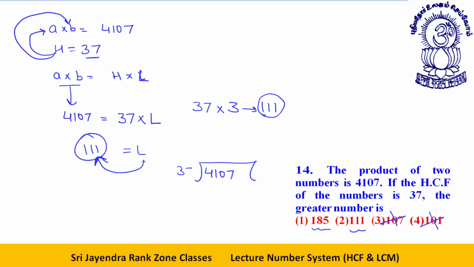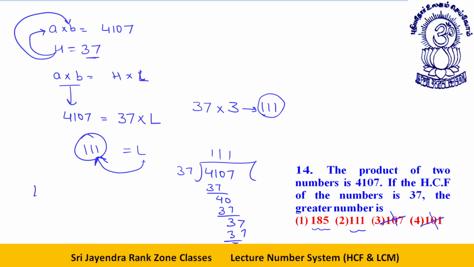4107 divided by 37. 37 into 1 is 37. This is 40, again 1, 37, again 3, then 7, again 1, 37, that way.